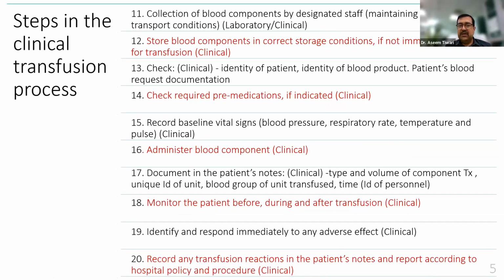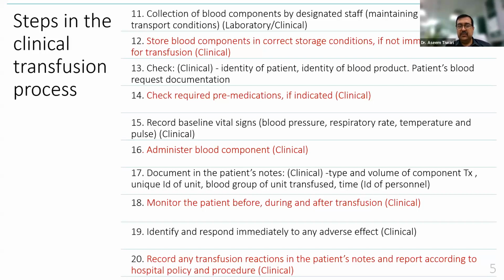We again check the identity of the patient before transfusion, also check the identity of the product and do the necessary documentation. Check for pre-medication if indicated. Usually they are not. Record the baseline vital signs like blood pressure, respiratory rate, temperature, pulse, so that when we monitor the patient, if there is a change in the vital signs, we know that the patient is reacting adversely.